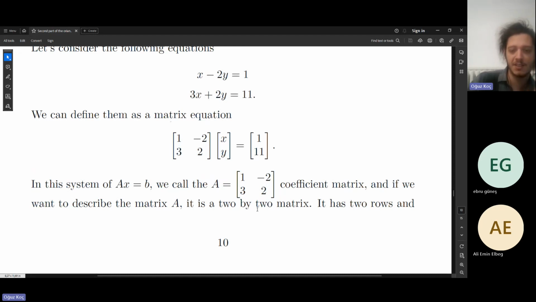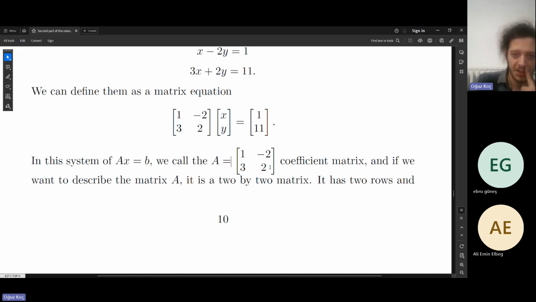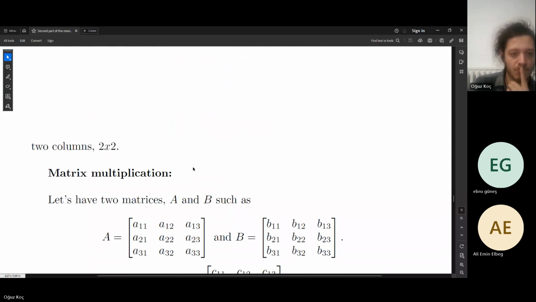Therefore, we say that it's a 2 by 2 or 2 times 2 matrix here. For this B matrix, since it has 2 rows and just 1 column, we can say that it's a 2 by 1 matrix here.